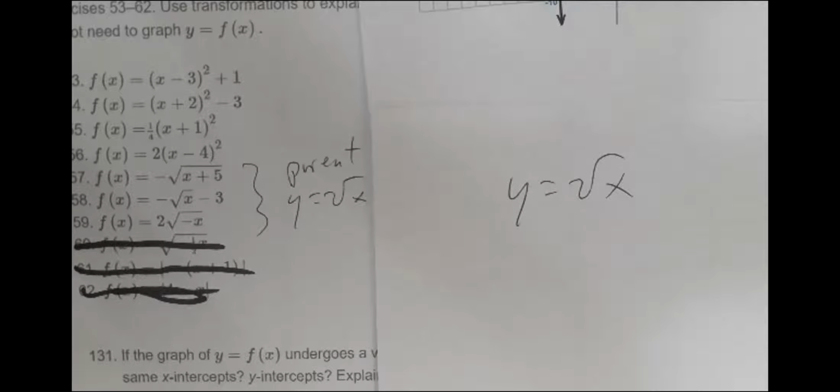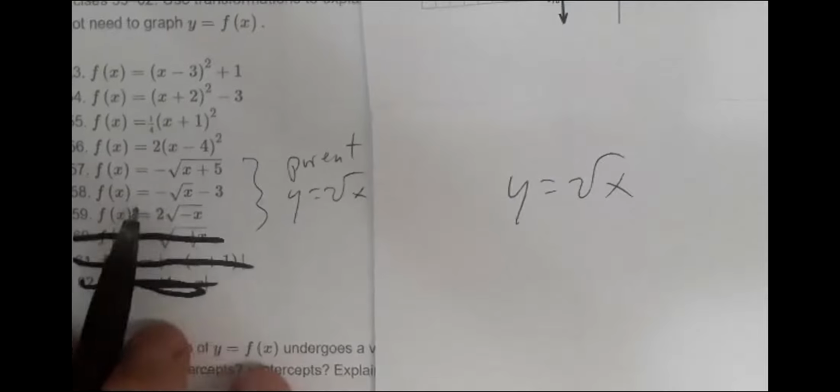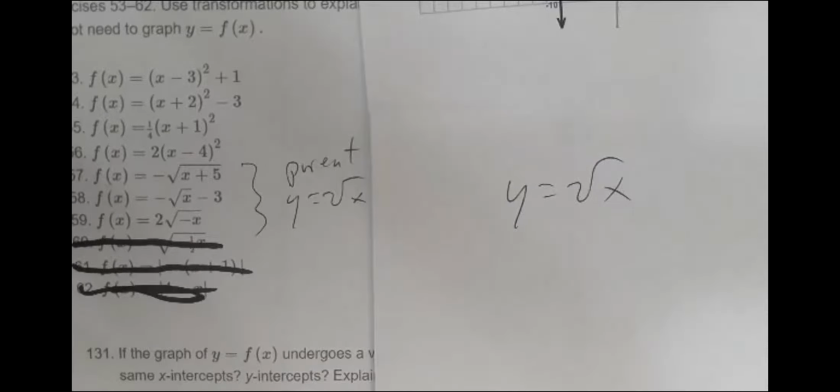We're on 58 now. So hopefully there are two things you see there. And there really is one thing we should do before the other, and they don't really tell you. We'll move down 3 units before we reflect it.